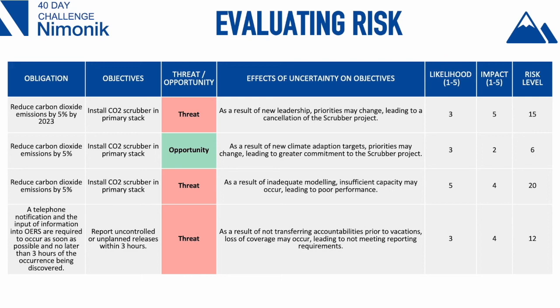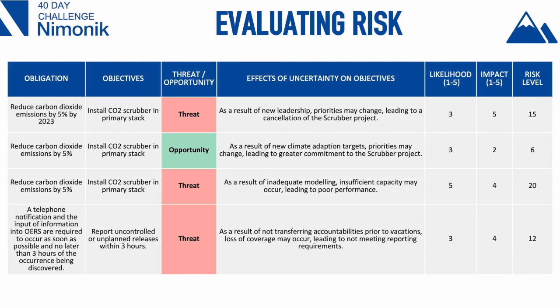Now we've identified a risk. And the first one is a threat. And it's stated this way, and it says, as a result of new leadership, maybe we're anticipating that leadership is changing, priorities may change. That's the uncertainty, leading to a cancellation of the scrubber project. We know that happens. Projects get canceled all the time when there's new priorities. So, well, you need to account for that. And so you might then quantify what's the likelihood of new leadership happening and that they're going to cancel the scrubber project, right?